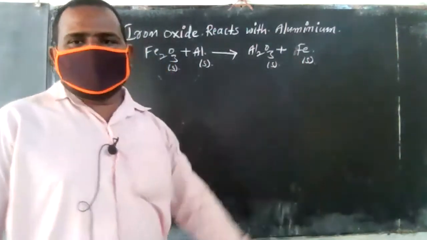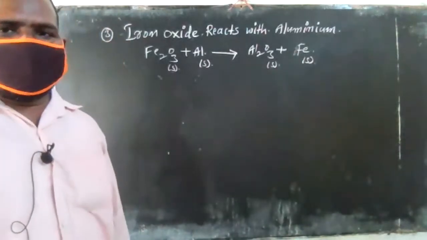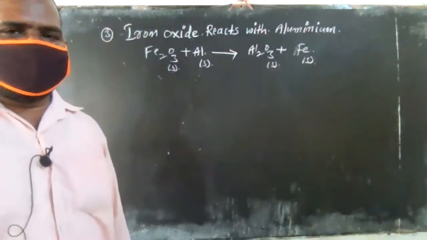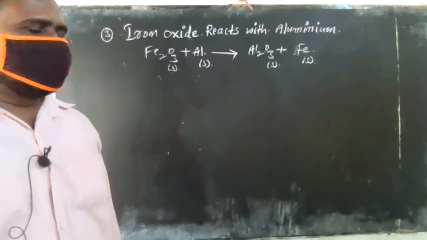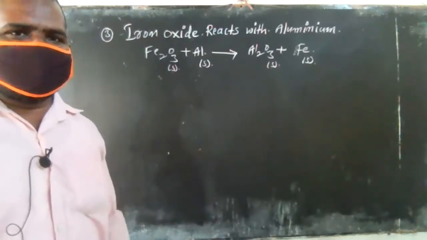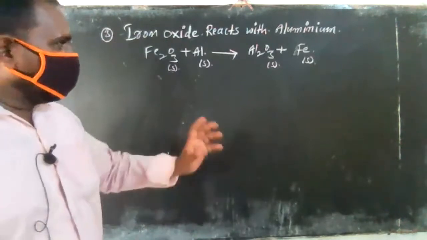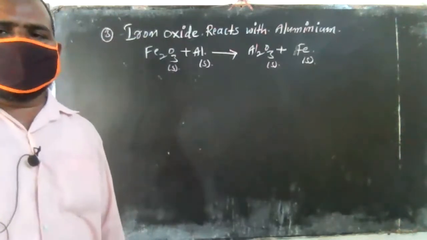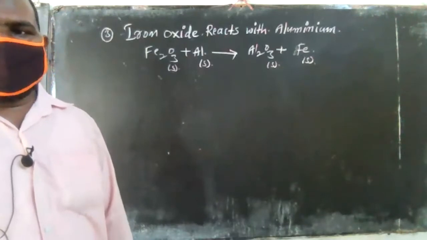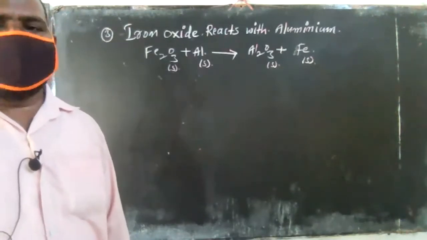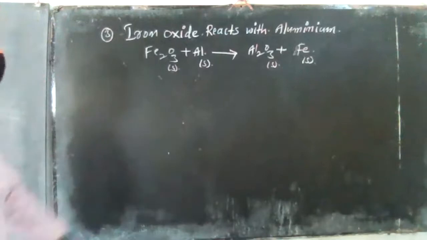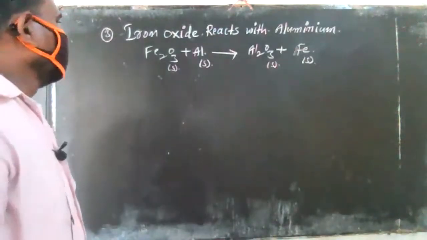Only one forming is an unbalanced equation. So the same elements, with the same number of atoms on the reactant side and product side, is called a balanced equation. This one is unbalanced.